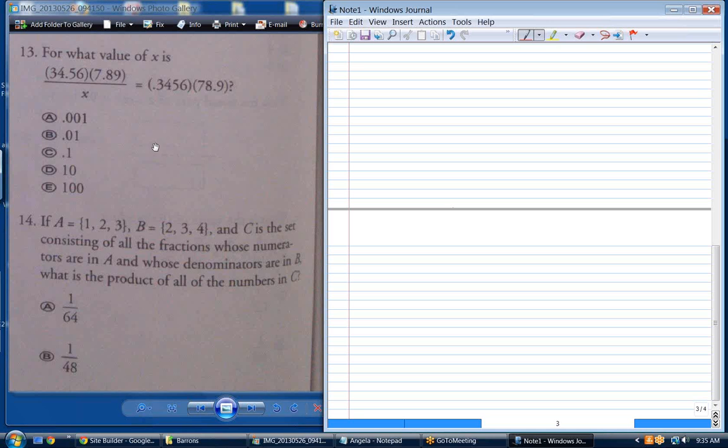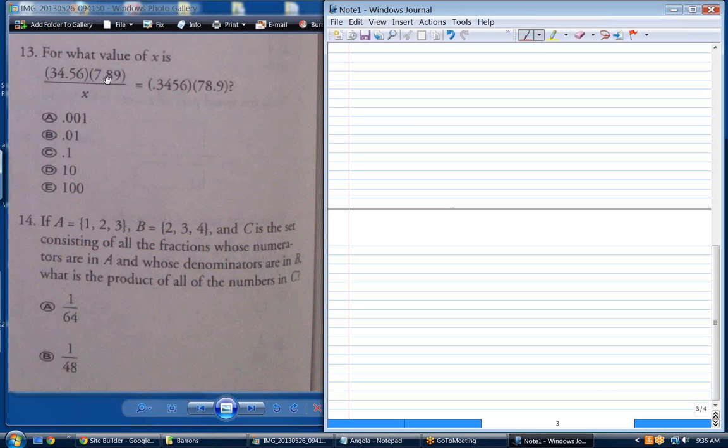I'm not sure. Okay. How would we turn 3456 or 34.56 into 0.3456? What would X be? We'd move it over to the left two places. So what would that require X to be? 100. Yes, 100, exactly. So if it was just this part, ignore the 789, we would need 100 in the denominator.